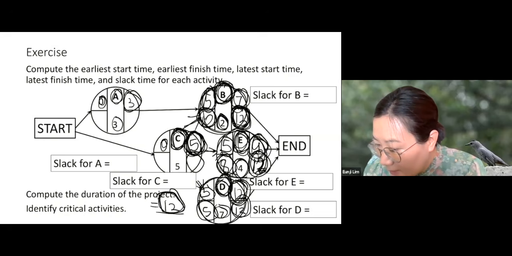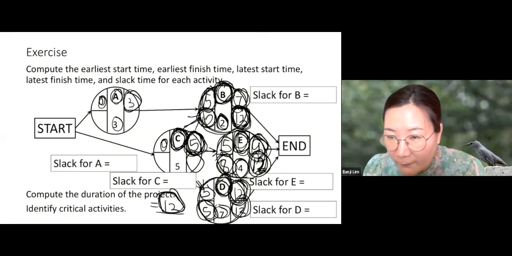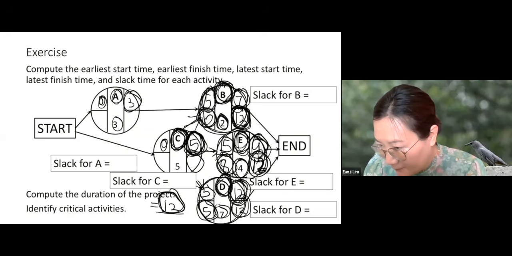And D needs to be started by 5. So by when should you finish C? If you have more than one follower, you have to take the earliest time, right? 10, 8, 5. Which one is the earliest time? 5, right? Because you don't want to delay D.